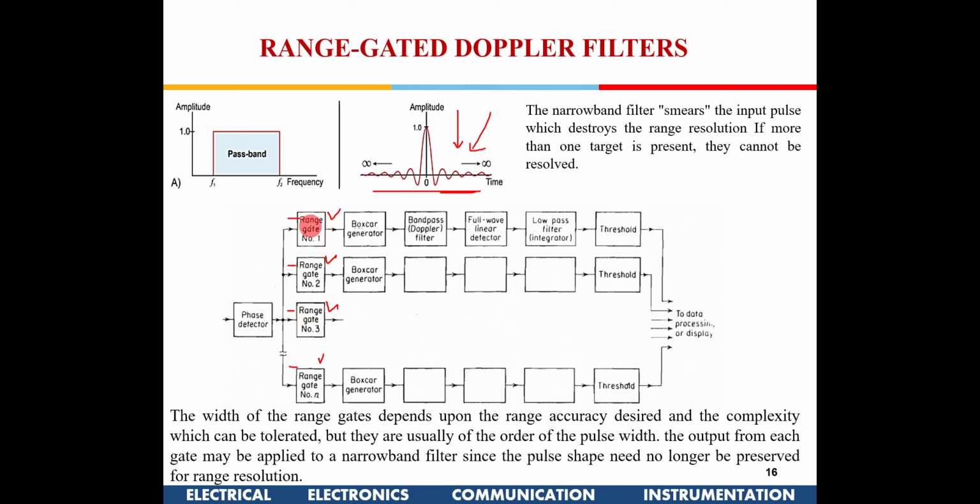For the closest range, the gate will be opened first, and then the next ones. That way we are selecting the signal only from the corresponding range. Whatever ringing is induced is not affecting the next range determination circuit. That is known as range gated Doppler filters.